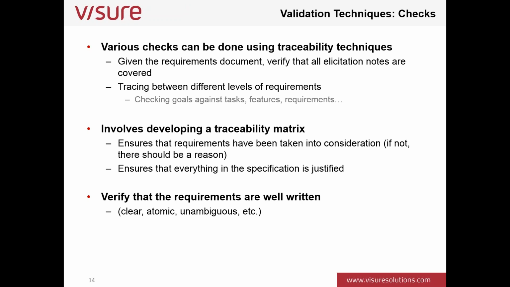By means of these checks, we have to not just check that everything is traced, which is, of course, important, but also check that the requirements are well written. We mentioned during the specification chapter that the requirement must be clear, atomic, unambiguous, and in fact, some people describe these rules for writing requirements as a validation technique instead of as a technique for writing the requirement. Well, it's the same.